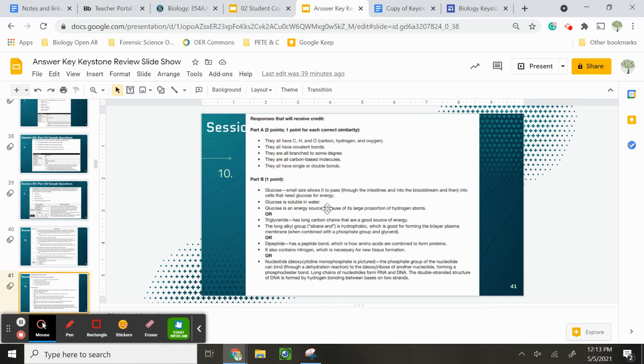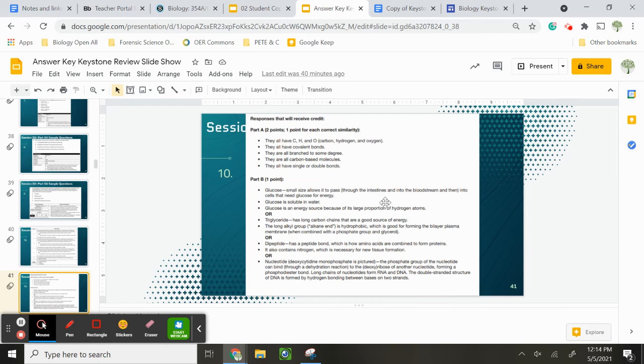For part B, you could say glucose has a small size that allows it to pass through the intestines and bloodstream. Glucose is water soluble. Glucose is an energy source. You could say triglycerides have long chains that are a good source of energy. The alkyl end of it is hydrophobic, which is forming a bilayer in plasma membranes.